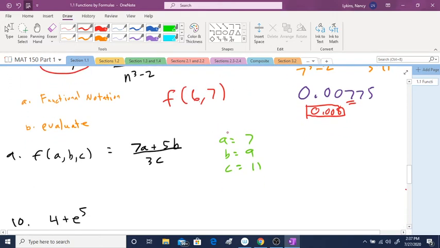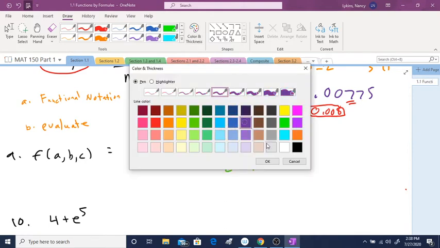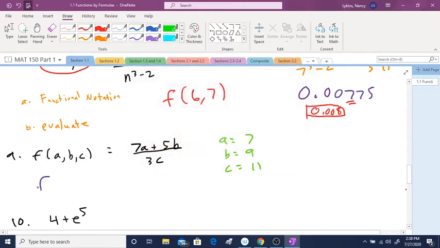And I'm just going to, in this case, what I want you to get used to is functional notation is just f, and then your A is 7, B is 9, C is 11. And then when you evaluate it, all you're doing is you're saying, okay, I've got 7, what goes in parentheses, plus 5, what goes in parentheses, over 3 times what goes in parentheses.